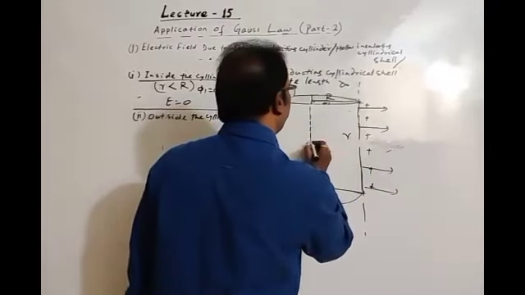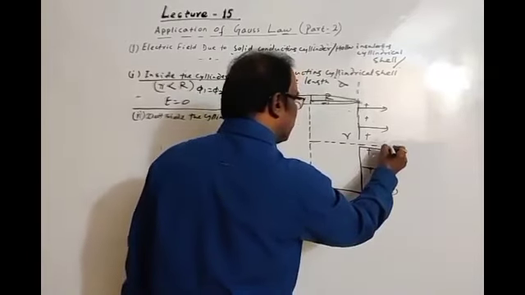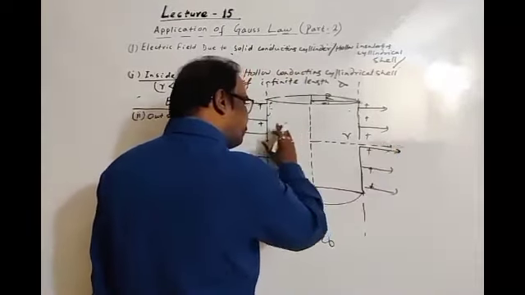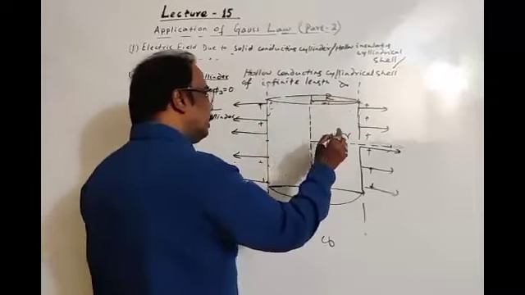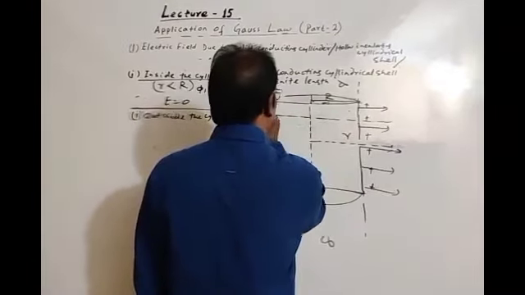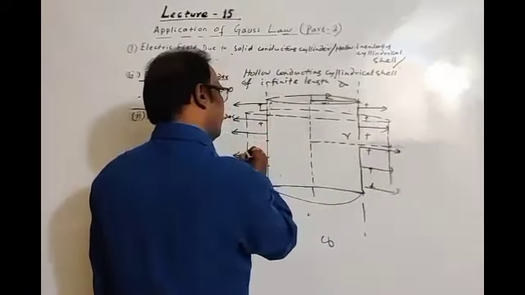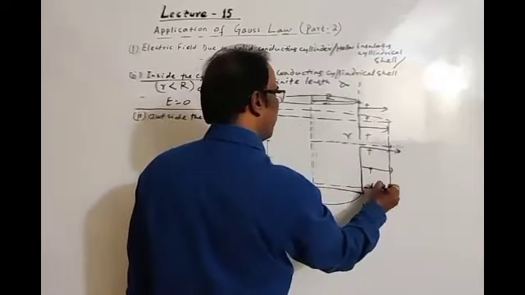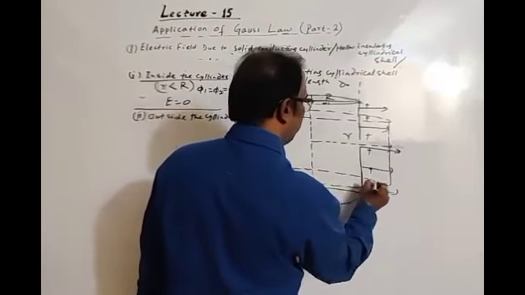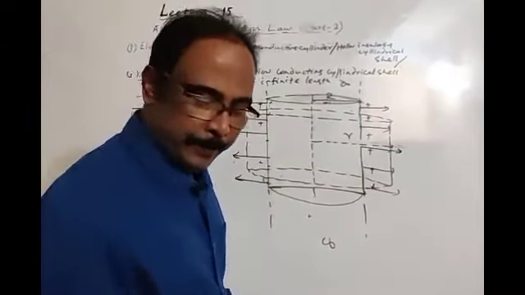At this distance r, we imagine an imaginary Gaussian surface like this. This is the imaginary Gaussian surface.